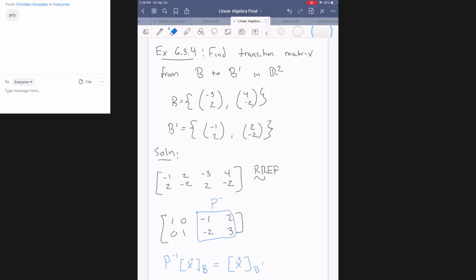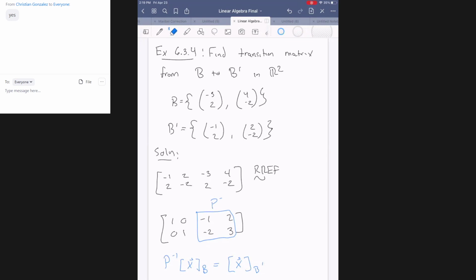You could, however, find the transition matrix from the standard basis. That's easy. Well, I guess it wouldn't be that easy.